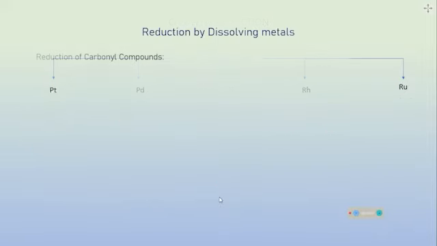Now let's discuss reduction of organic functional groups by using dissolving metals. For example, let us take sodium in the presence of liquid ammonia. Here we have a metal dissolved in a solvent, liquid ammonia. This is called a dissolving metal.